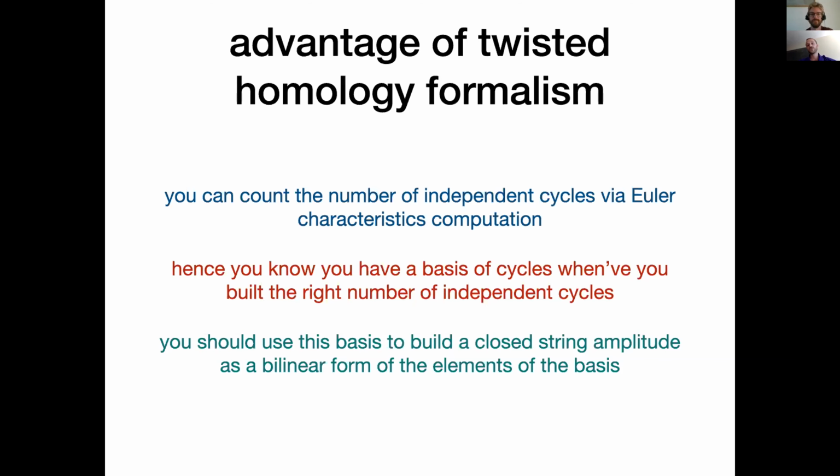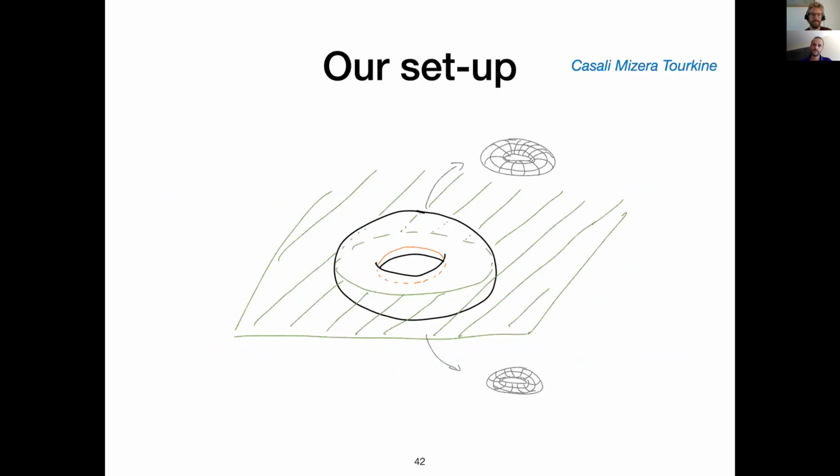And it's also important to have a basis because of the KLT ideas. If you want to build a bilinear form of open string amplitudes to obtain a closed string amplitude, you need to use elements of a basis. And this twisted homology formalism gives you those elements. So what are those cycles? Let me describe our setup first.